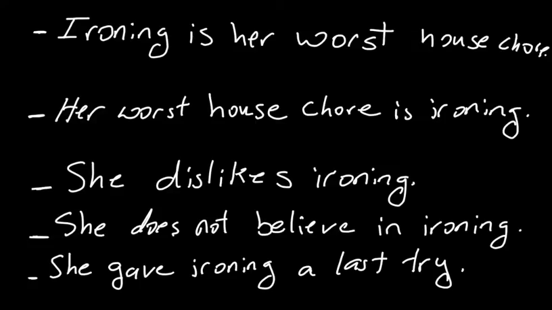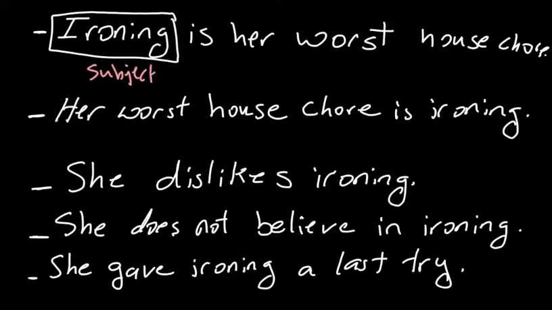Now let's look at the 5 instances of gerunds in a sentence and how they function as nouns. If you look at the first sentence, "Ironing is her worst house chore," the present participle, ironing, in this instance functions as the subject of the sentence, and that's its verb.